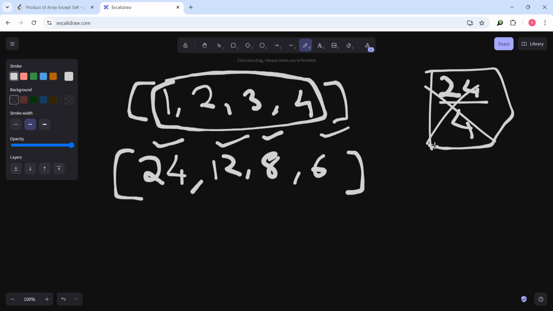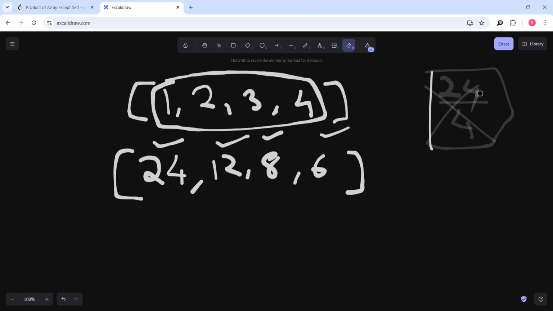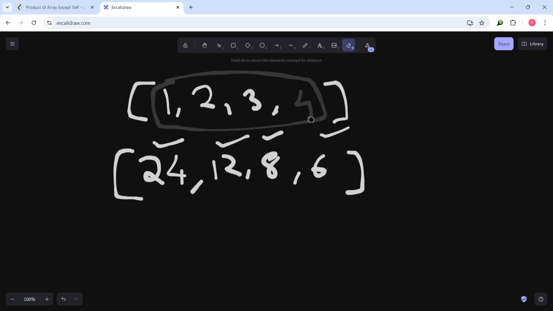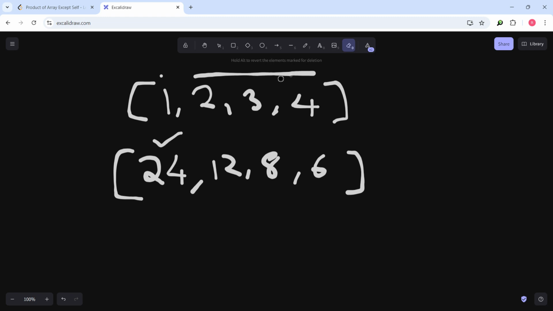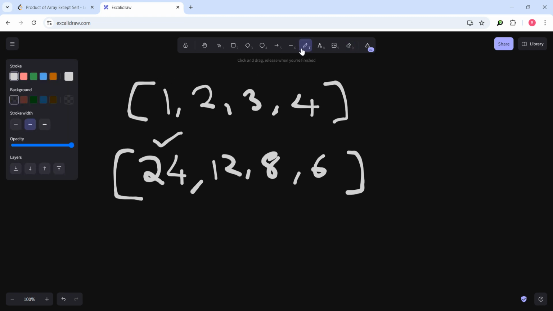So let's try to find an alternative method. If you guys concentrated when I was creating the output result, you would have noticed something. For the 1, we multiplied everything that is here and we got the value. For 2, we multiplied this and this, this into 3 into 4, and we get 12.